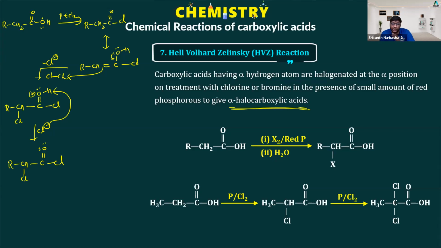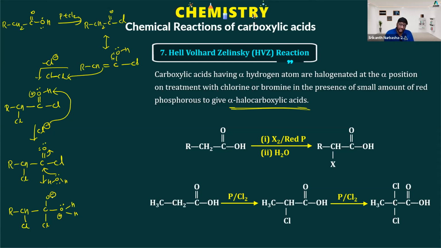Hydrolysis of acyl halides does not require any acidic condition because this carbon is more electrophilic in nature. So what is going to happen? H2O, being a nucleophile, can attack the carbon easily, the pi electron density moves away, generating RCH, CCl, CO minus, carbon connected to oxygen with only one lone pair and two OH bonds.